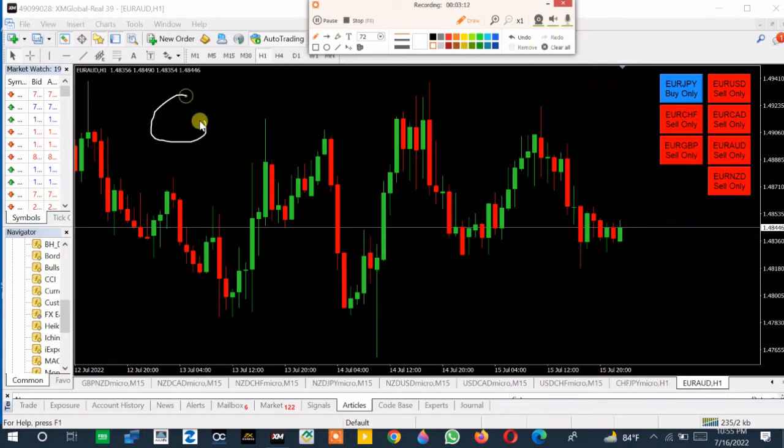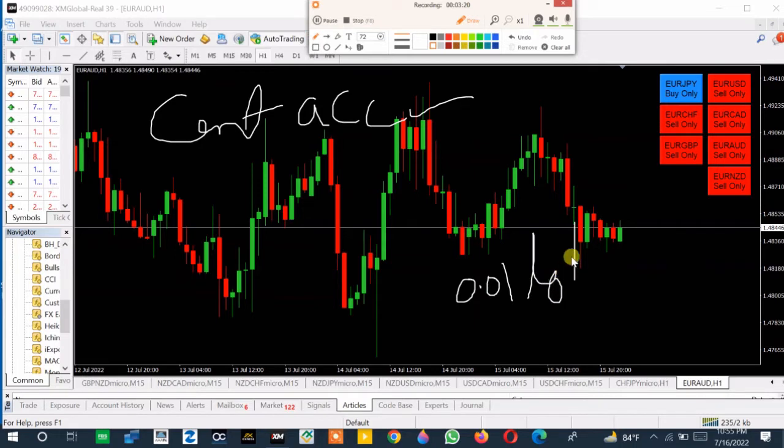For another cent account, for 0.01 lot, your balance must be 20 US dollars only. You must follow this money management system. Without a money management system you can never be a winner in the Forex market.